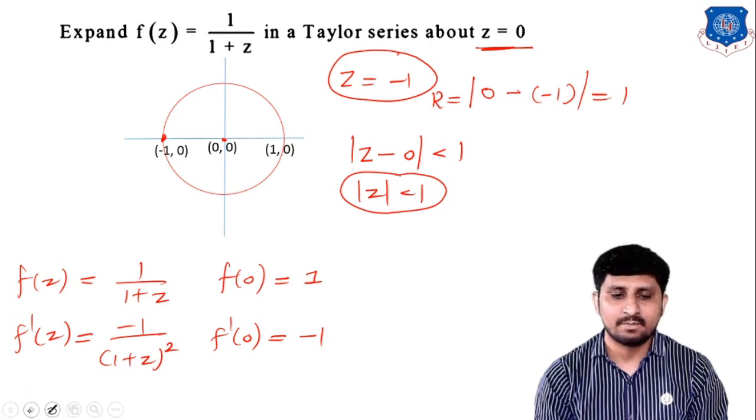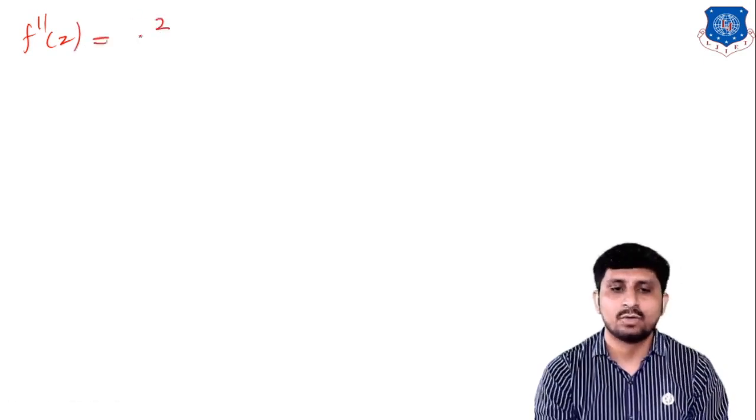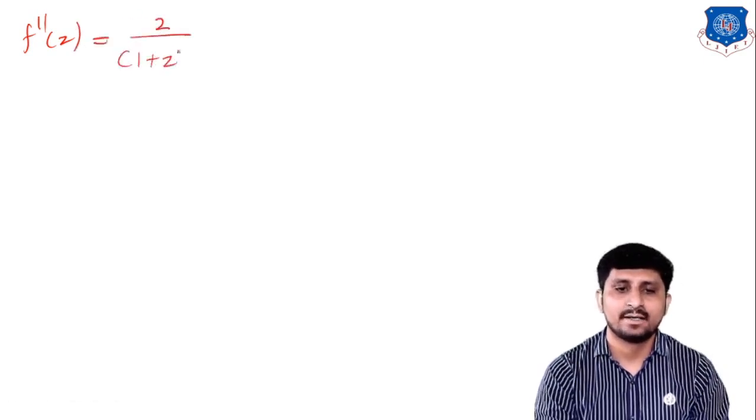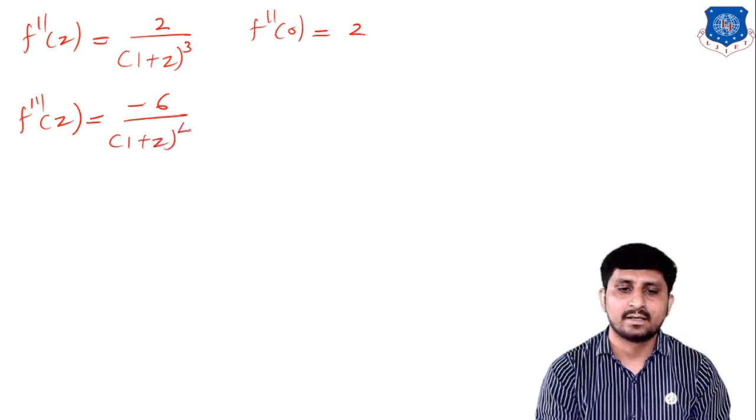Find out f double dash z. f double dash z is equal to 2 upon 1 plus z cube, so the value of f double dash 0 is equal to 2. f triple dash z is equal to minus 6 upon 1 plus z raised to 4, so f triple dash 0 is equal to minus 6.